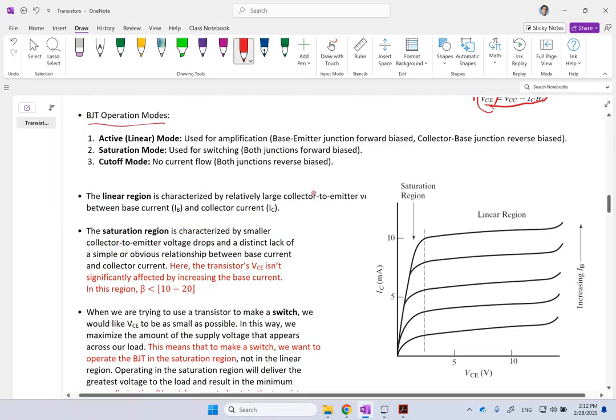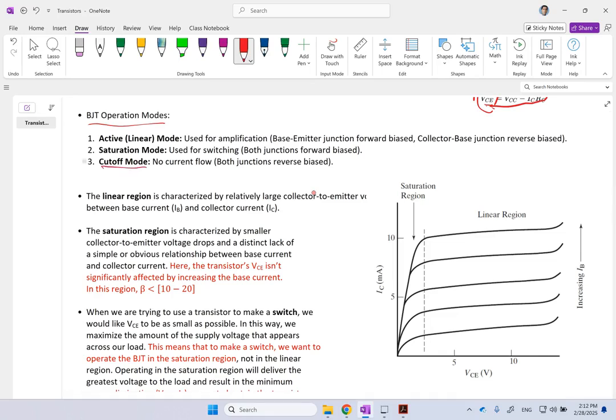So there are 3 modes of BJT. First one is cutoff mode. That is where the switch is off, okay, and no current flows. The other one is called the active or linear mode, this area here, in which you use a transistor for amplification to bump up the current.